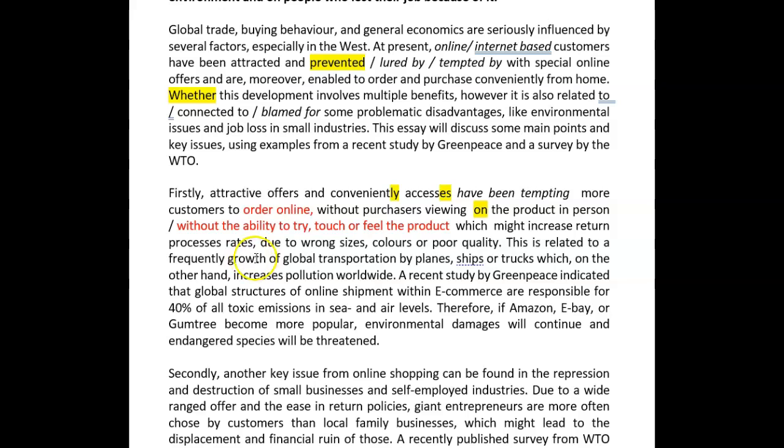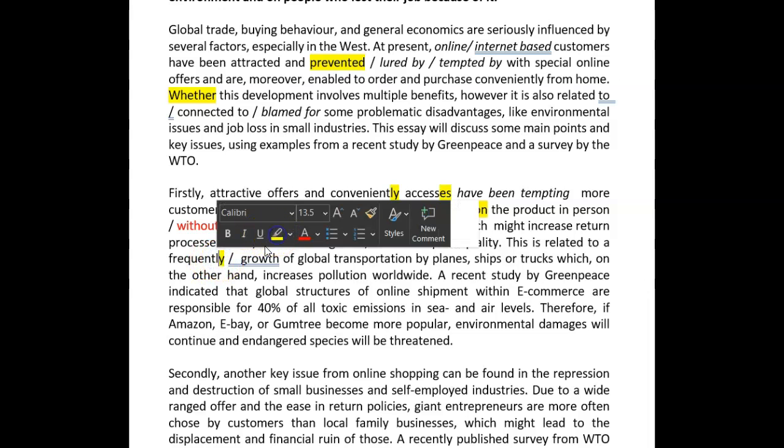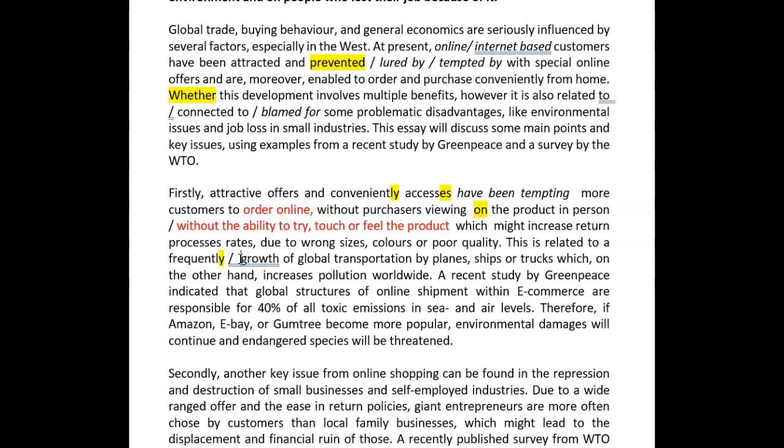This is related to frequent growth. This results in, or okay, this is related to frequent growth, or frequently. Careful, you're using an adverb with a noun, which we don't do. You want the adjective.